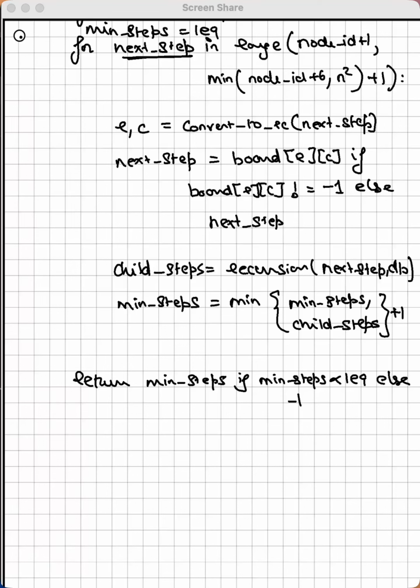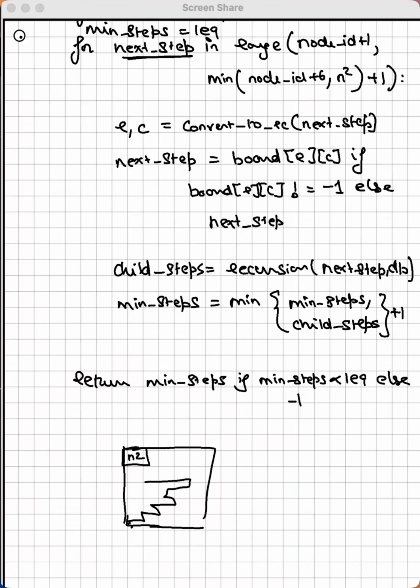This kind of algorithm can run into TLEs for large input sizes, and the reason being, let's say I have to reach this. There are multiple steps, like this, like this.